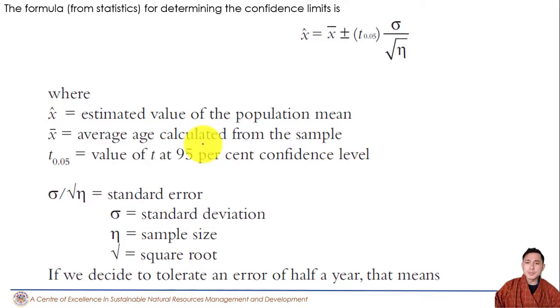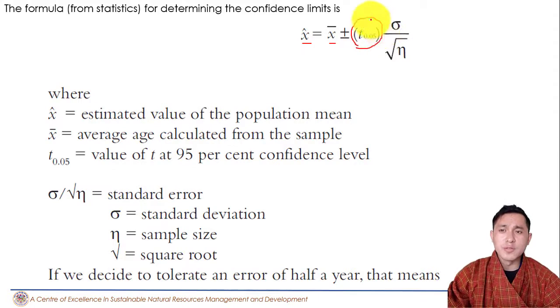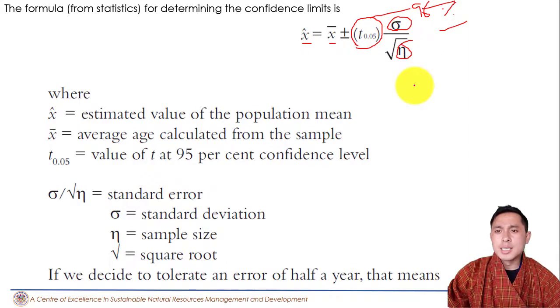The formula to determine the confidence limit, in any statistical book or reference, is: the population mean equals the sample mean plus or minus the t value, at 0.05 for 95% confidence interval, times the standard deviation divided by the square root of the sample size.